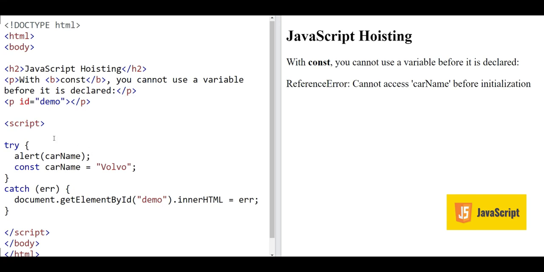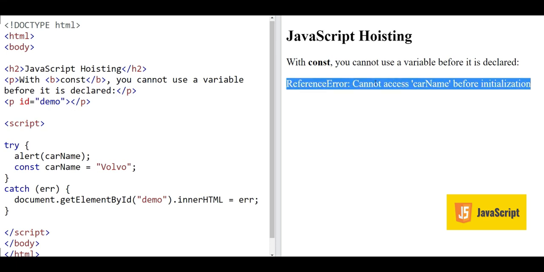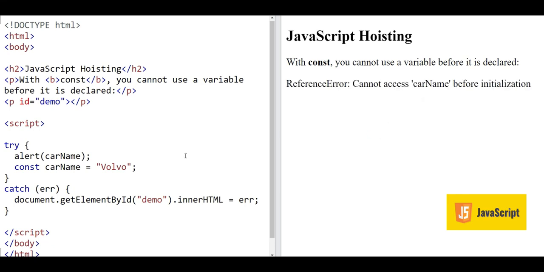It causes an error, and this error is caught in this catch block and displayed in this p tag in demo, and here you can see on the right side, ReferenceError: cannot access carName before initialization.